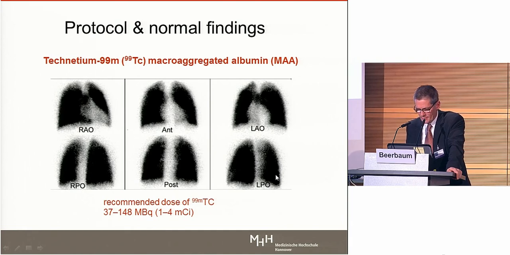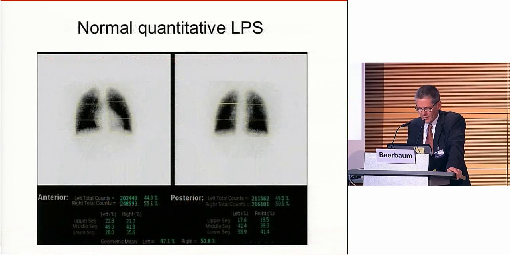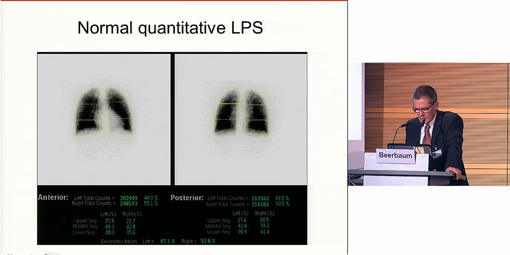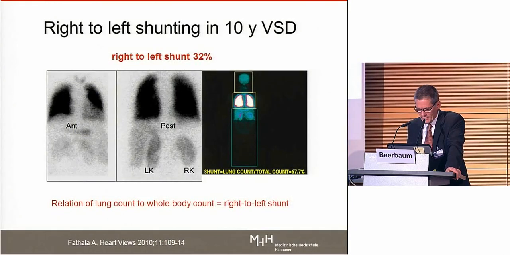You can see that's a fairly normal scan. The good thing is you can quantify the counts that you find in the upper, middle and lower segments of both lungs, and that information is quite often useful in addition to the transcatheter or CT or MRI delineation of the collateral arteries in these patients.